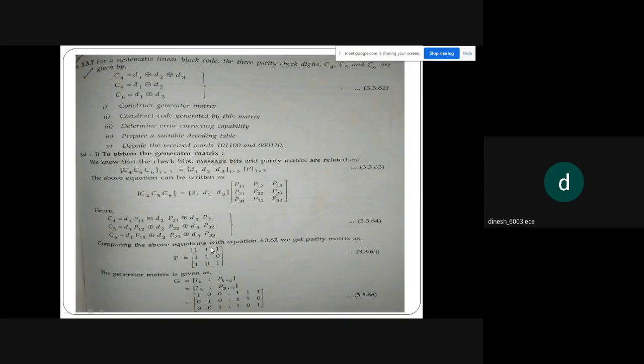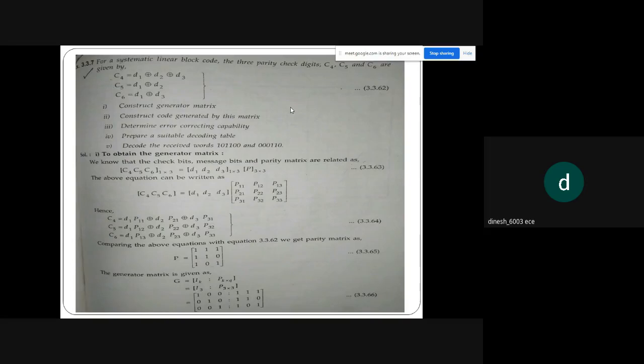Now, compare these equations with the parity matrix. How do we compare? In C4, we have a value for D1, D2 and D3, so put 3 ones.